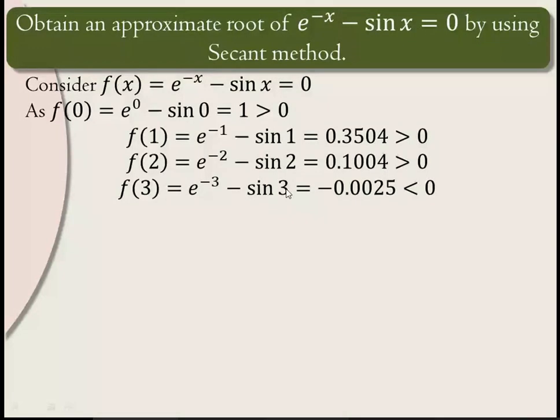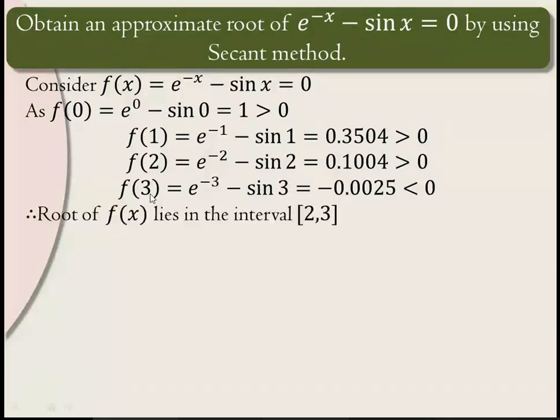Whichever is positive or negative, take those 2 values, and the number of iterations will decrease further. But for checking integers, finding the value is quite easy. So we check for positive and negative integers, and take successive integers for which it is positive and negative. So the interval is 2 to 3.